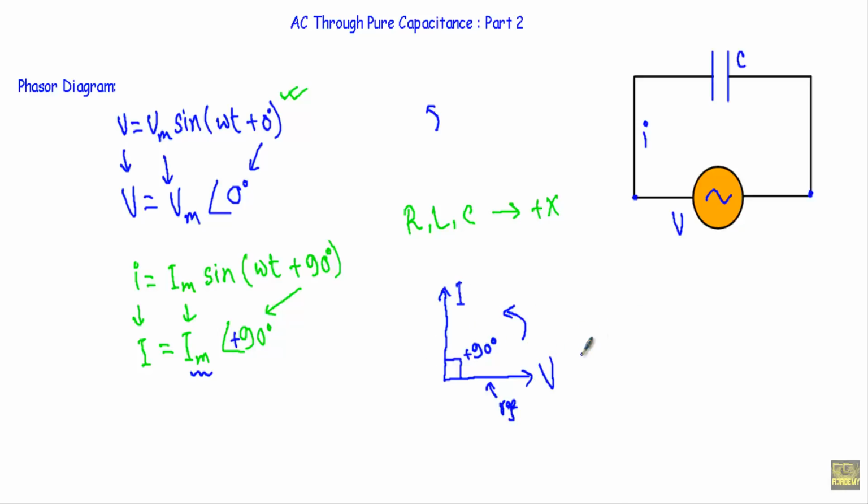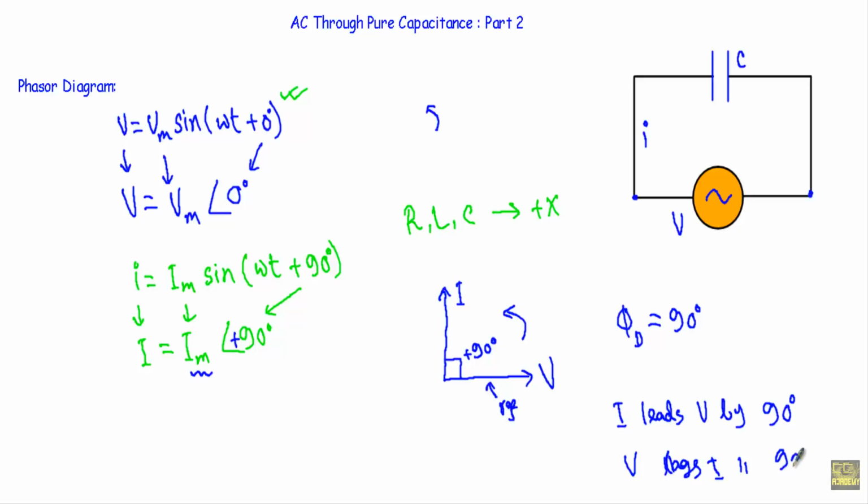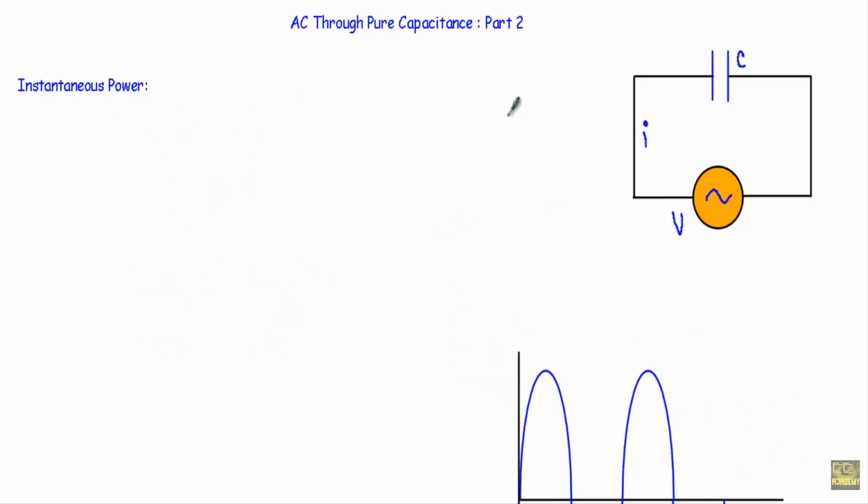That means the phase difference between V and I will be equal to 90 degree. You will see our current phasor I leads the voltage phasor by 90 degree, or our voltage phasor V lags the current phasor by 90 degree.